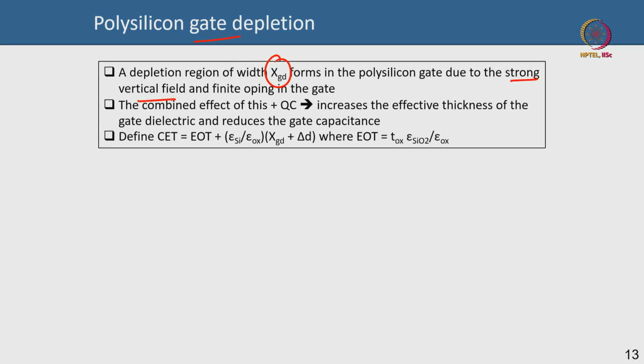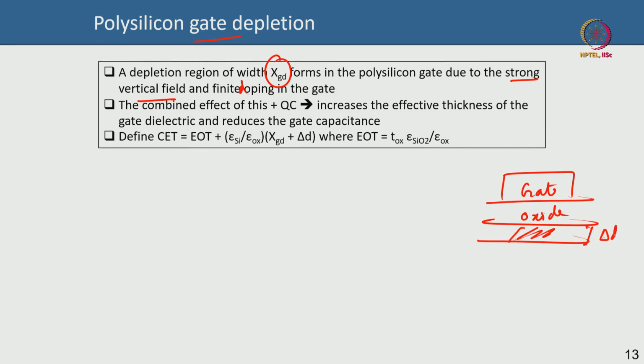Because of the finite doping in the gate polysilicon, the high vertical field will lead to some depletion in the polysilicon gate. Now, you have a gate here and then you have an oxide and then you have this spread delta D, already you have oxide plus delta D.